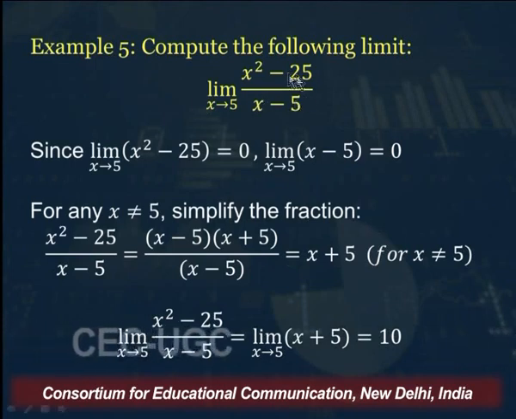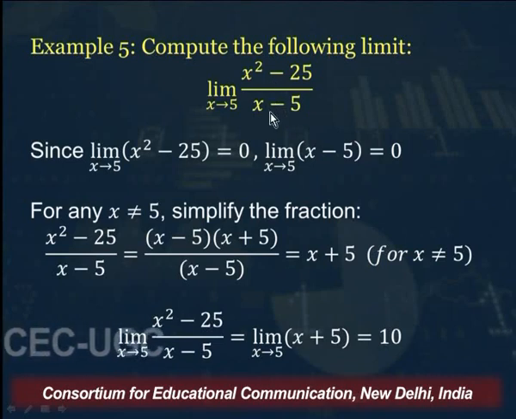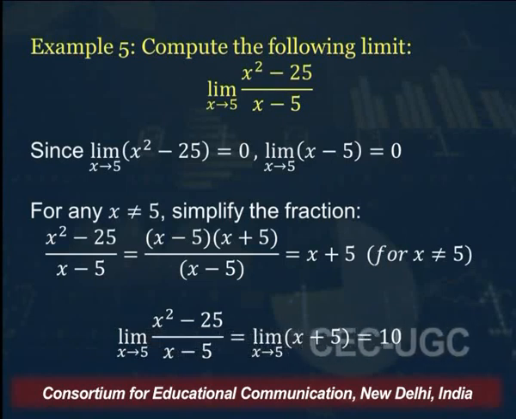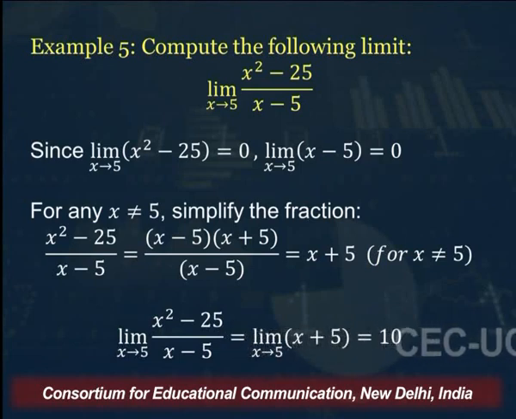If you take the limit of the numerator and the limit of the denominator, this expression boils down to 0 by 0 form, which is also known as an indeterminate form. We'll do details of indeterminate forms in the next video. But the point here is that here we have a 0 by 0 form. So can we find the limit? And actually there is a trick here.